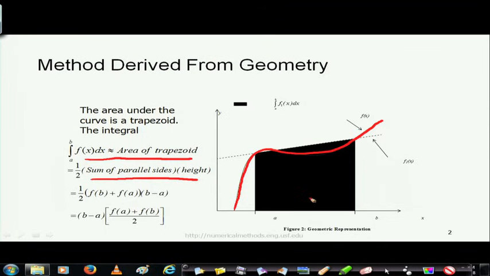Now, if I look at it, these are the parallel sides, and the height is this b minus a, right. So, this is a known result. Therefore, if I can approximate a curve by a single trapezoid in this way, the integral is (b minus a) times (f(a) plus f(b)) divided by 2.